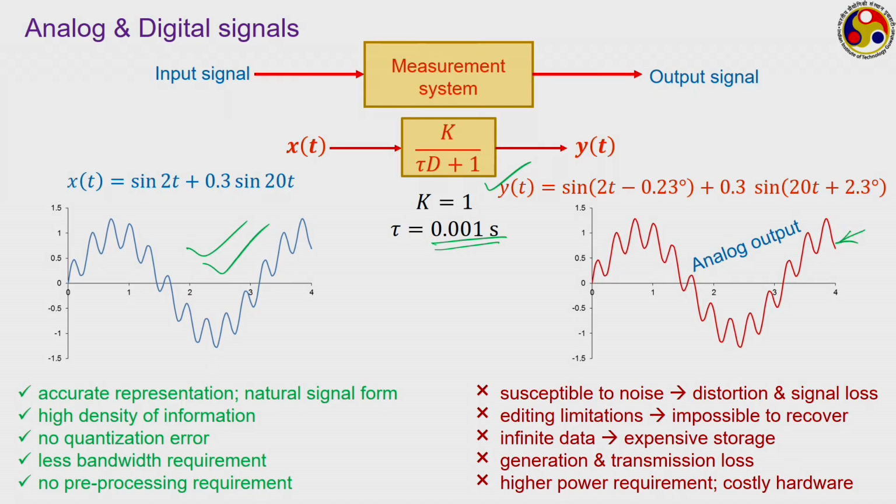But if that same wire is supplying power over, say, 100 kilometers, then because of joule heating and other induction losses, you may experience a significant voltage drop at the consumer's end. That is what we refer to as transmission loss. The power requirement can also be quite high, and the hardware is quite costly. So, analog signals have certain issues of their own.